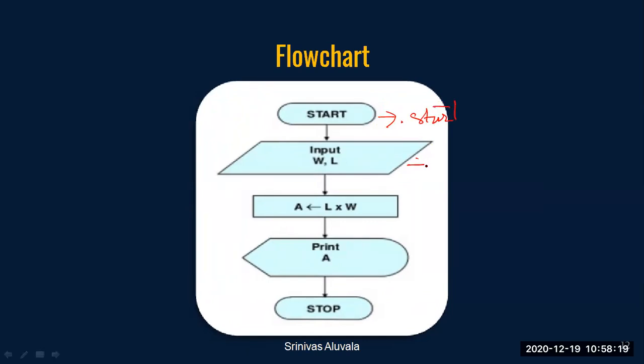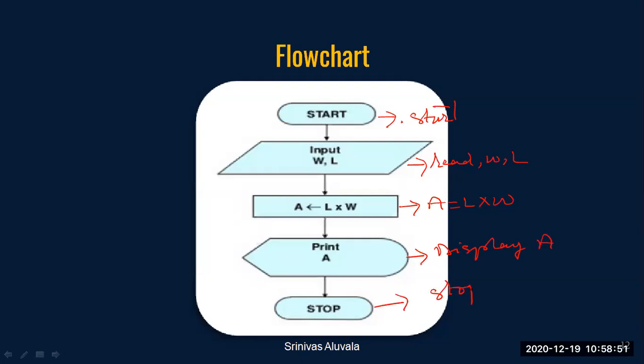And the second step of my algorithm is read or input width and length. That's what the input box is taking. And the third step of the algorithm is calculate area, where area equals L into W, width and length. And then print area. The fourth step of the algorithm is display or print area to the user. And the last step of the algorithm is stop.